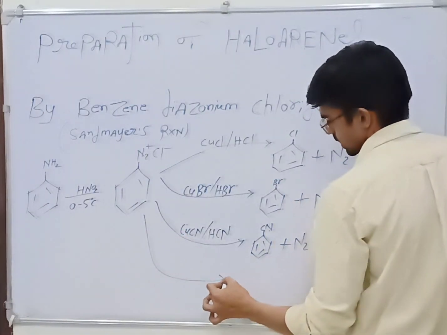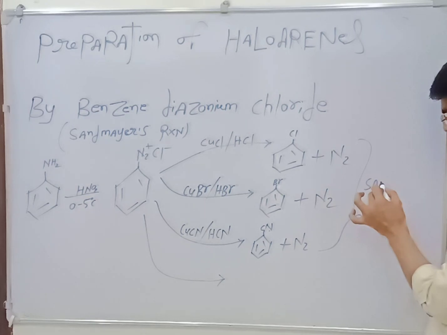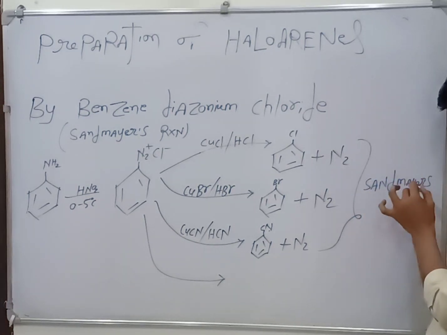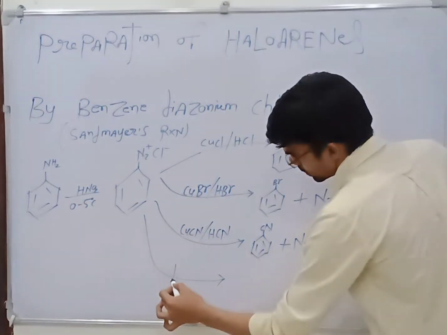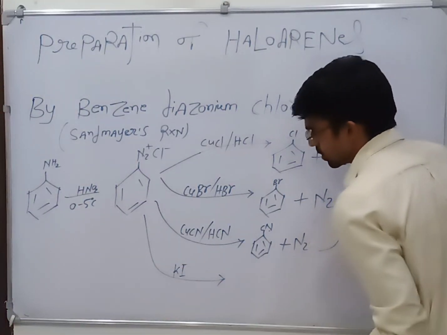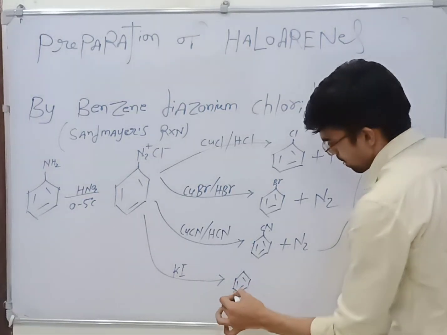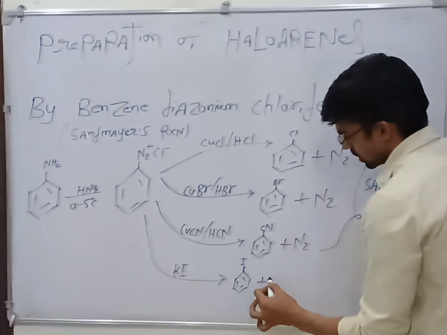When we react it with CuCN/HCN, it will give cyanobenzene, C6H5CN, and nitrogen gas will be released. These are called the Sandmeyer's reaction. When we react it with KI, it will form iodobenzene, and nitrogen gas will be released.